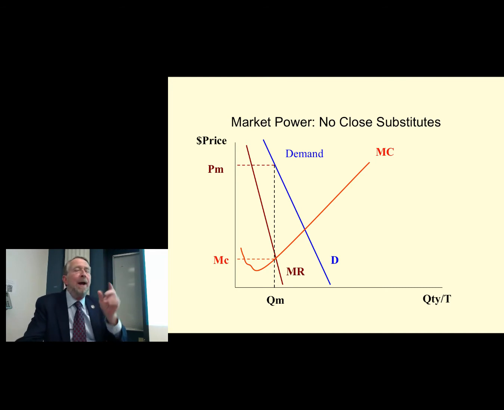But here's the key. Do not confuse market power with monopoly profits. Do not confuse the fact that you have a high ratio of price to marginal cost with profitability, because profits come from price minus average cost, which includes fixed cost. Y'all with me?